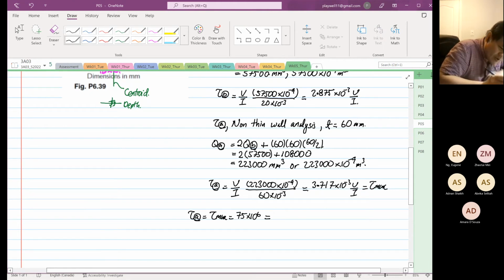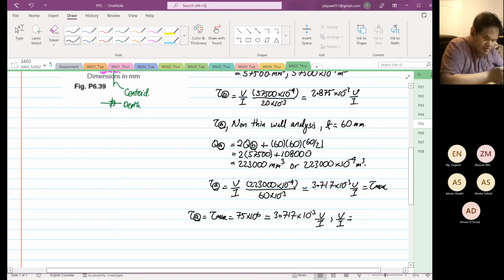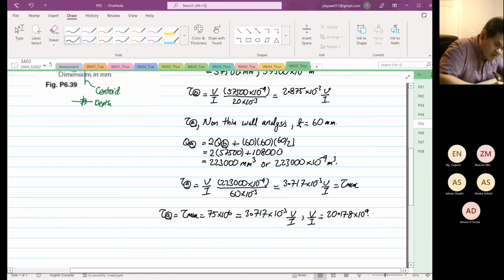Okay, so this will be equal to 3.717 times 10 to the power minus 3 V over I. So we know that V over I is equal to 75 times 10 to the power 6 divided by 3.717 times 10 to the power minus 3, which is equal to 20.178 times 10 to the power 9, and this is in Newton per meter to the power 4.